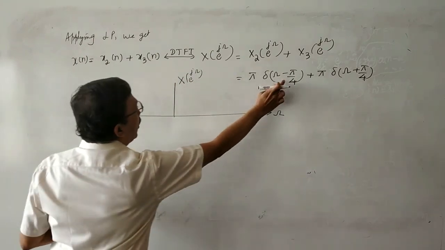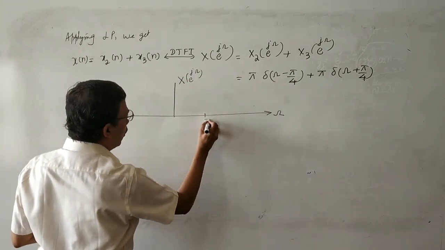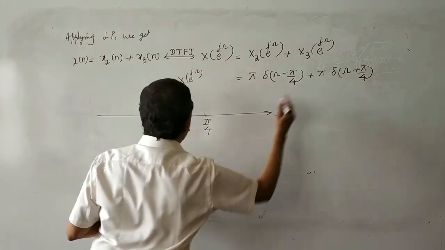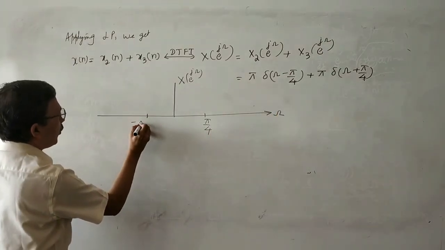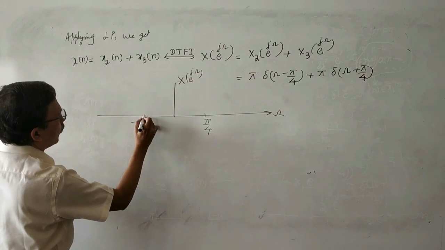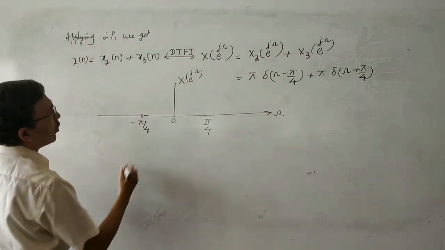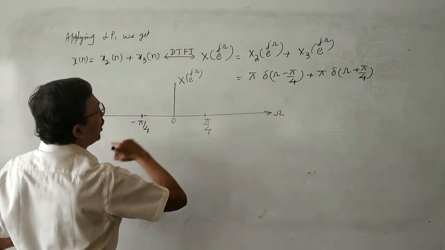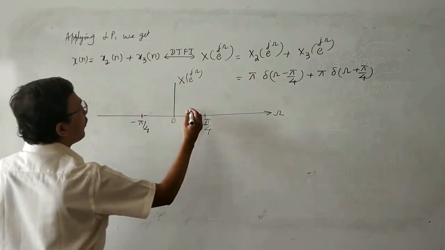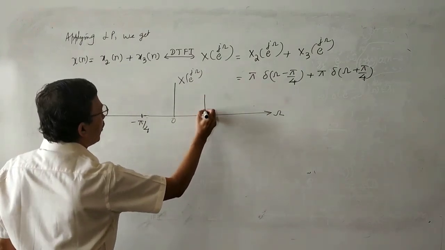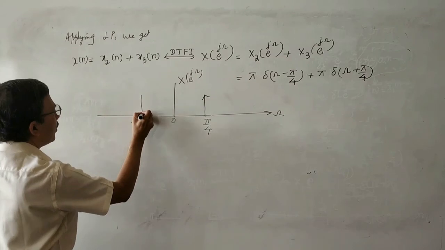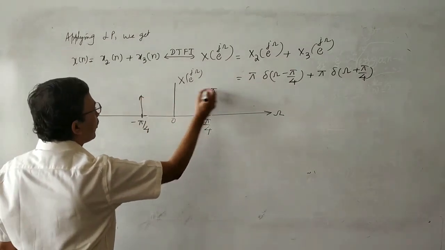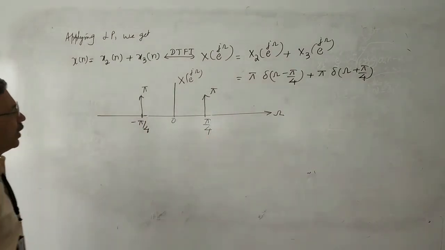This impulse is located at pi by 4. This impulse is located at minus pi by 4. Both the impulses have the same strength. The strength is pi.